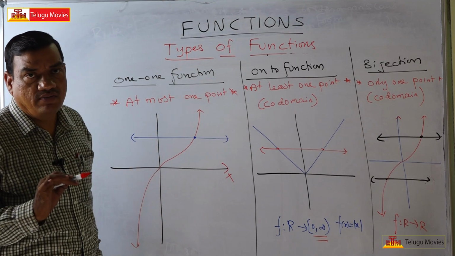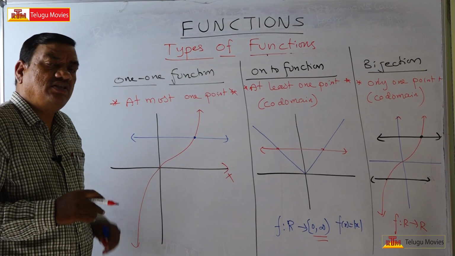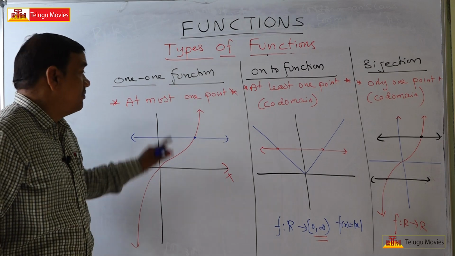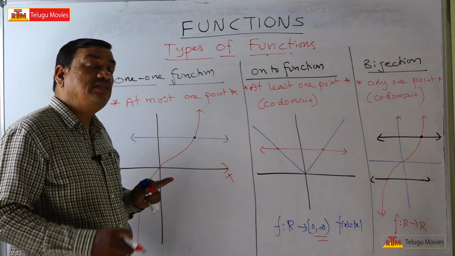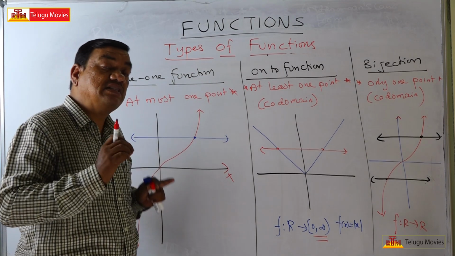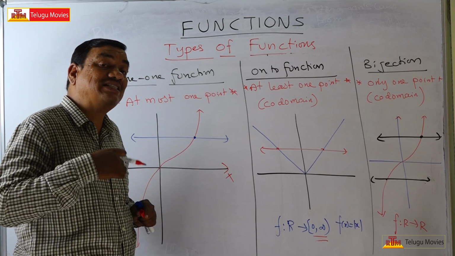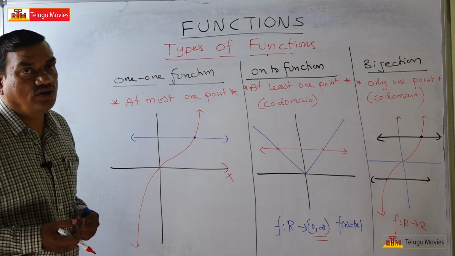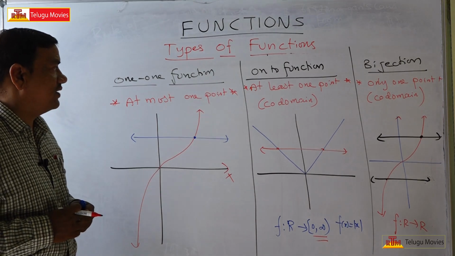Maximum one point only. Remember that at most one point means maximum one point, so sometimes even if it does not intersect, it is still a one-one function only.